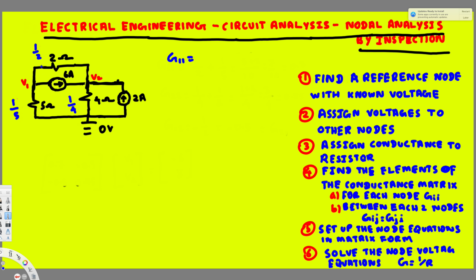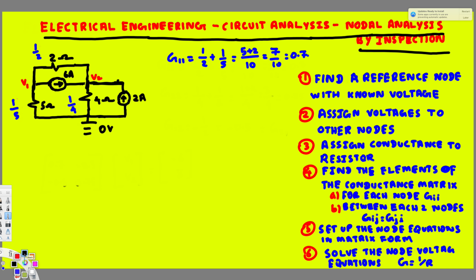Here we have two conductances connected with V1, that is 1 over 2 and 1 over 5. So we add them together. So this is going to be 1 over 2 plus 1 over 5. Here we can take 10 as our common denominator. If we take 10 as our common denominator, this is going to be 5 plus 2 on top, and that's going to be equal to 7 over 10, and that is equal to 0.7.